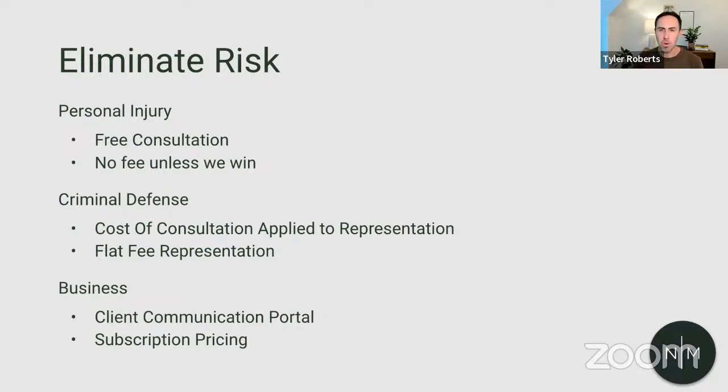For criminal defense or family law, let's say that you do have a paid consultation, maybe you apply that consultation fee to the cost of representation. With business, just being flat fee, upfront pricing, maybe even showing that on your website. That way people know what to expect when they call. And that way there's no surprises there and they feel comfortable making that call.